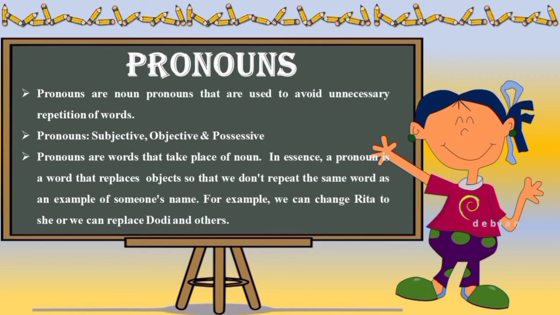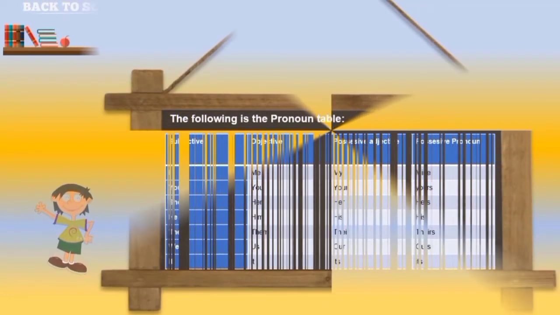Here, I want to give you the example. We can change Rita to she, or Ahmad to he. So we can replace Dodi with he or other words. So here is the example for pronoun.